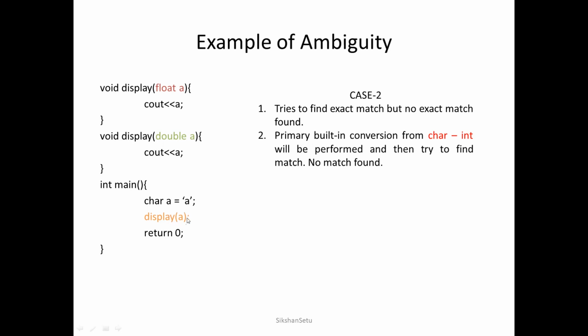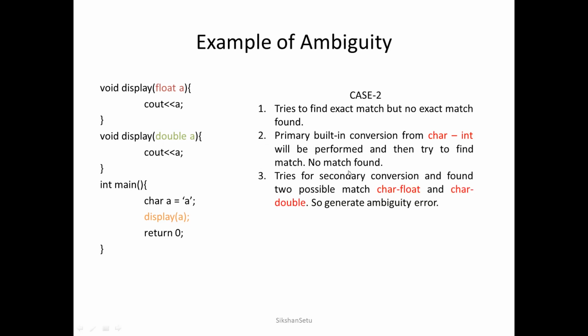So this will be converted into an integer now, but in these particular definitions we don't have any function named display with an integer argument. So the second step is also not working here. The third step is that the system tries secondary conversion. Secondary conversion means it will try character to float or so. But during secondary conversion, a character can be converted into float and a character can be converted into double.